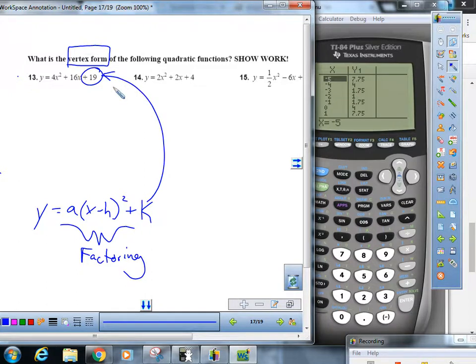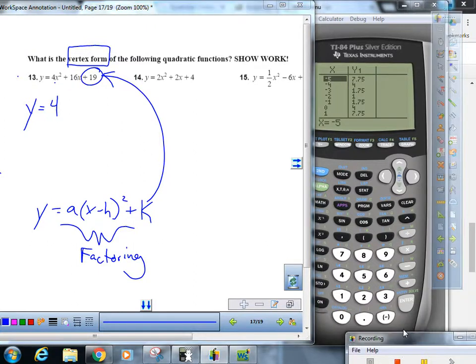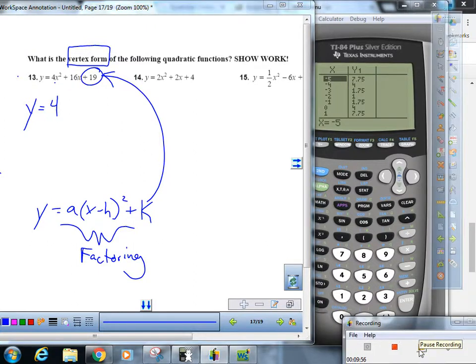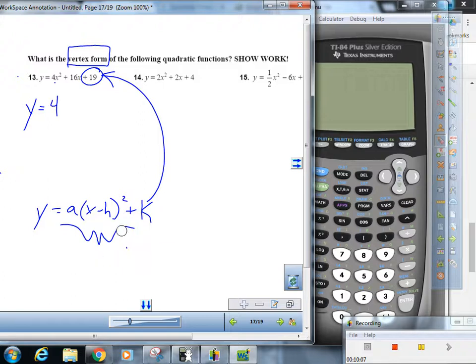But what number goes into 4x squared and 16x? A 4. Now we don't want to take out the x squared. Okay, tell you what, we're going to scrap this so far. I just realized that we're going to have to complete the square for this, and we haven't gone over that in this class yet, and so this isn't going to be the best way to do this.